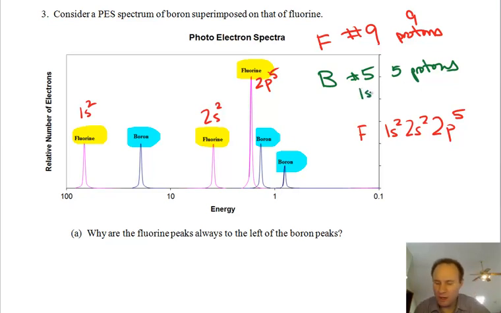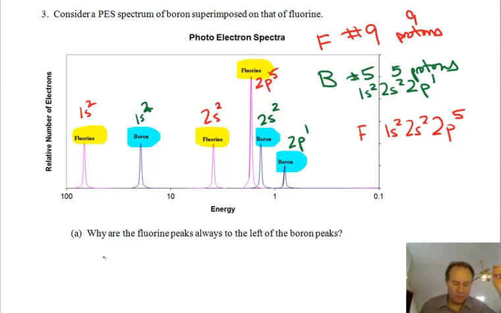Boron would be 1s2, 2s2, 2p1. What they're wanting to ask here is, why are the fluorine peaks always to the left of the boron peaks?